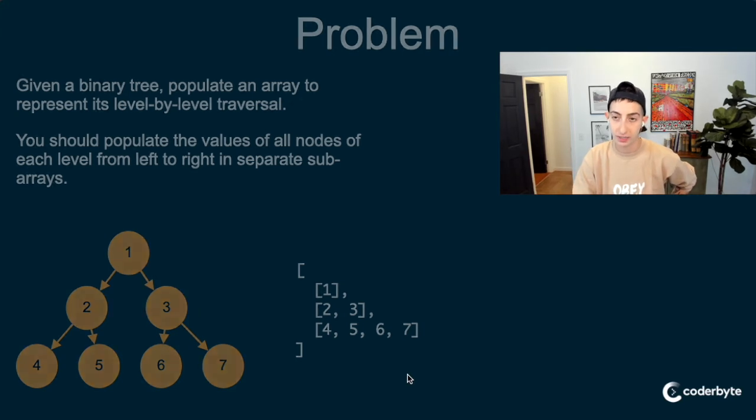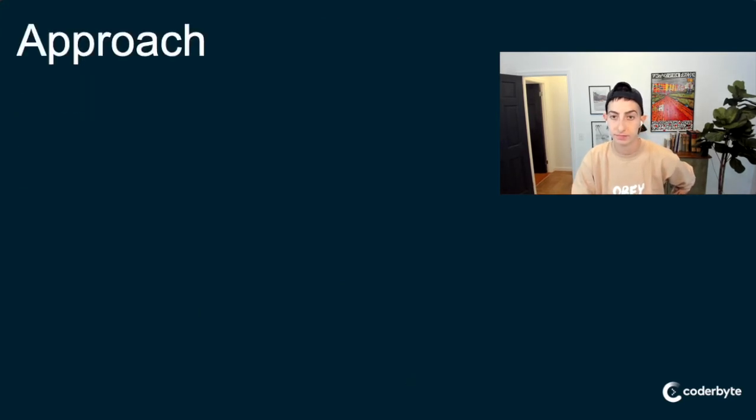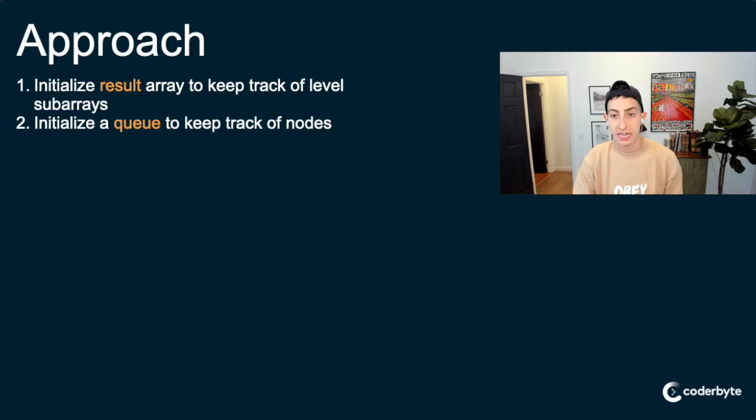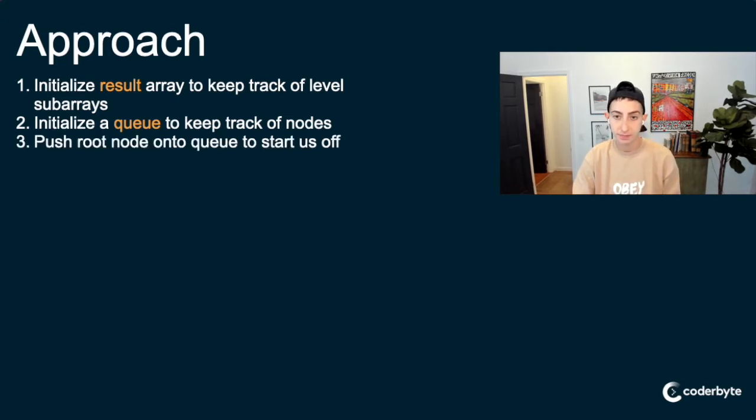So what's our approach here? We're first going to initialize a result array to keep track of all of the level subarrays. We're also going to initialize a queue to keep track of the nodes that we're traversing. Remember, first in, first out, that's our queue data structure, and a real key here for this pattern is that generally you'll be using a queue to keep track of your nodes.